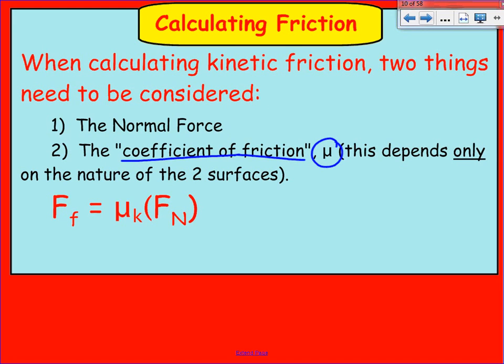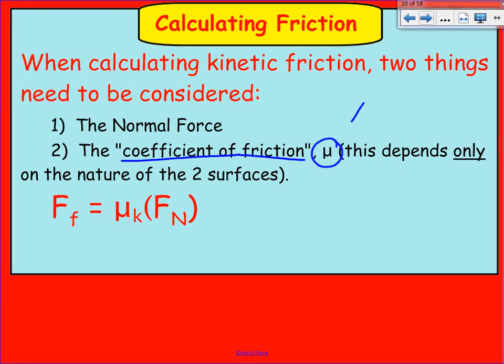Now, this symbol is unitless, it's just a number, and it depends only on the nature of the two substances. For example, cardboard rubbing against a marble floor is going to have a different coefficient of friction than, let's say, a textbook rubbing against a marble floor, or a textbook rubbing against a tabletop. The mu depends on the two surfaces.